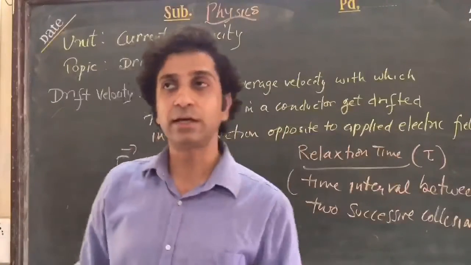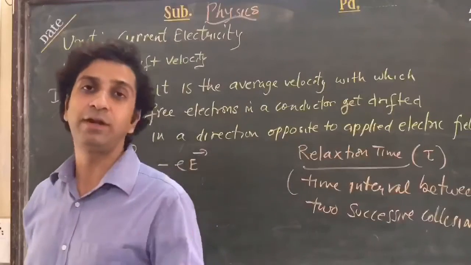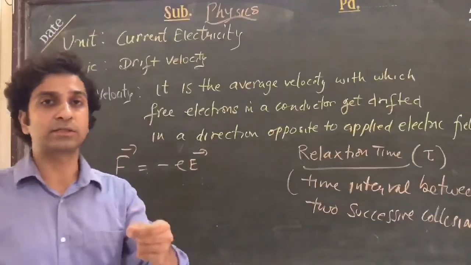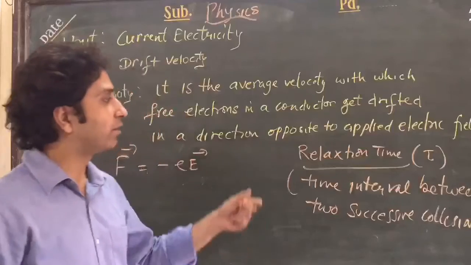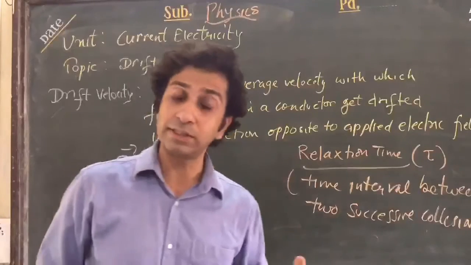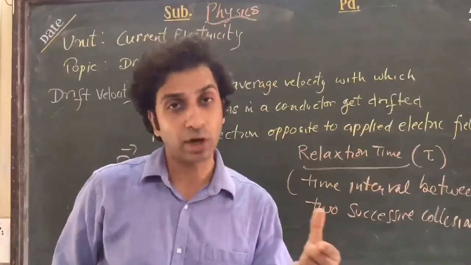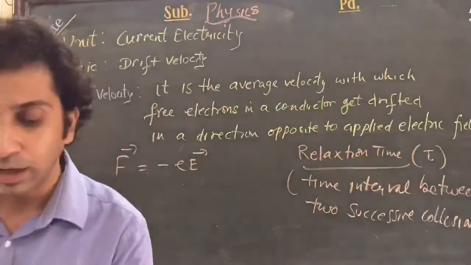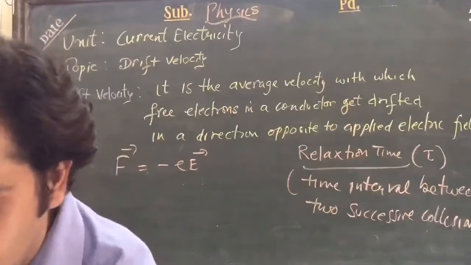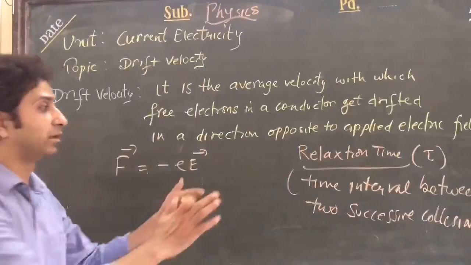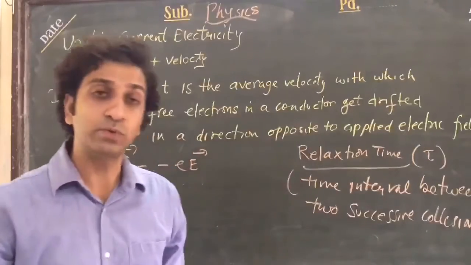The electrons gain some additional velocity for this particular interval of time, the relaxation time tau. So the drift velocity concept and the relaxation time are correlated to each other.